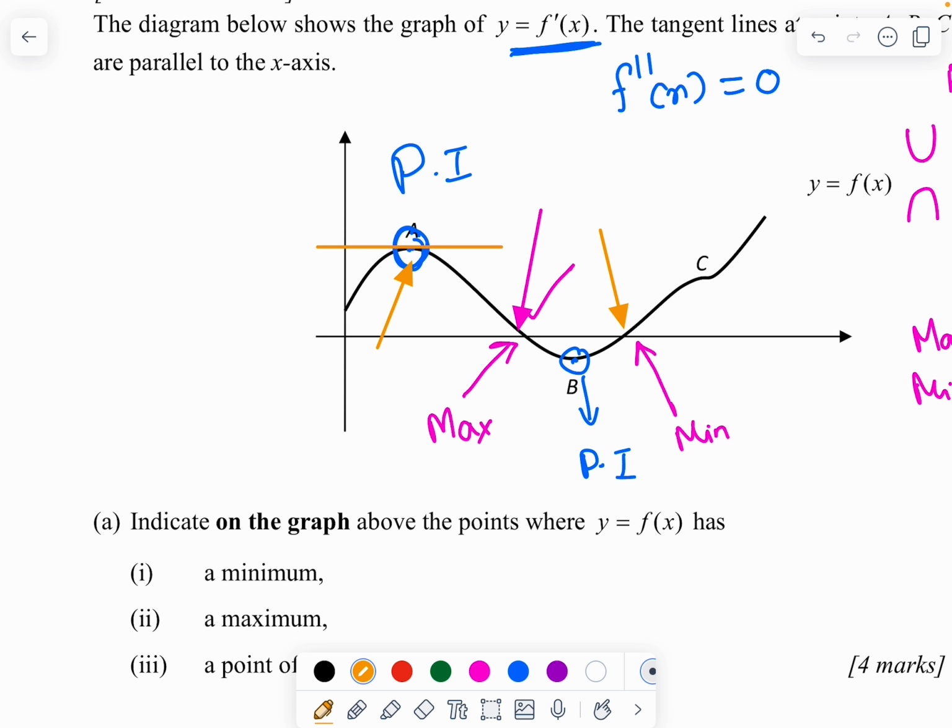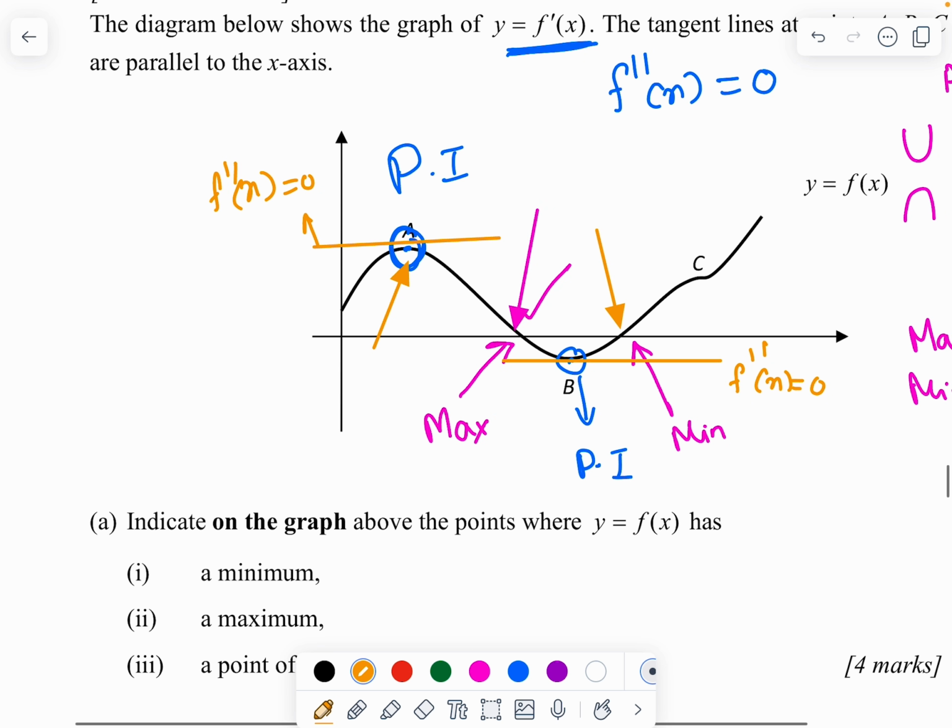Over here the slope of the tangent is 0. It is parallel to the x-axis. So the slope of the tangent, which is f double prime x, is equal to 0. Over here also the slope of the tangent, f double prime x, equals 0. So whenever f double prime x equals 0, that's going to be the point of inflection.